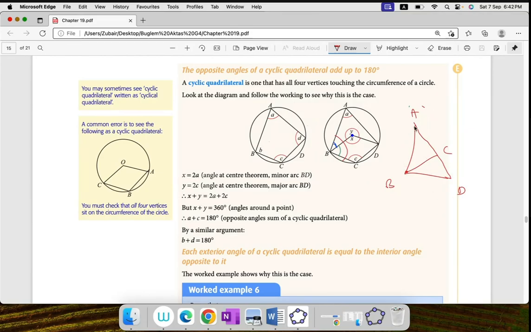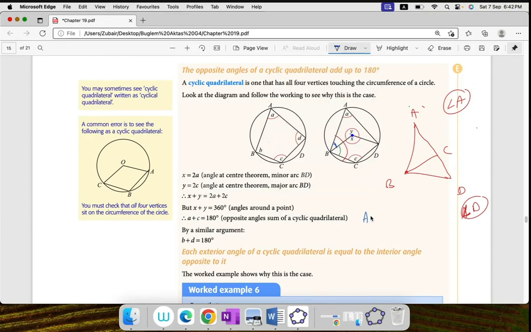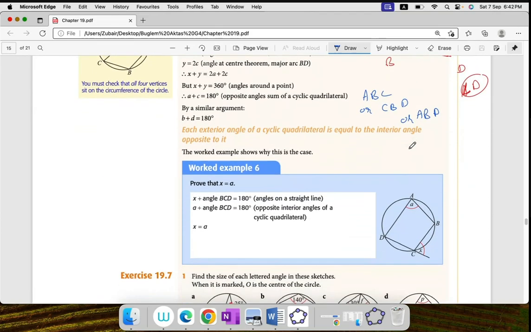If I say angle A, there will be no doubt. If I say angle D, there will be no doubt about what I am talking about. But if I say B, there's a doubt because it could be ABC or CBD or ABD. One angle, second angle, and the third one, because they're not equal, and we cannot comment unless we have further data. Okay.